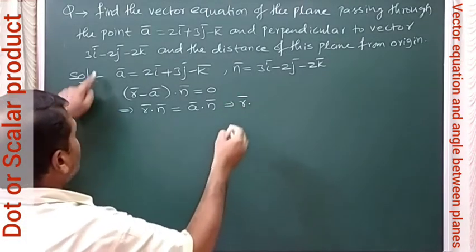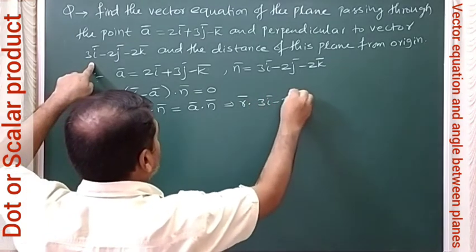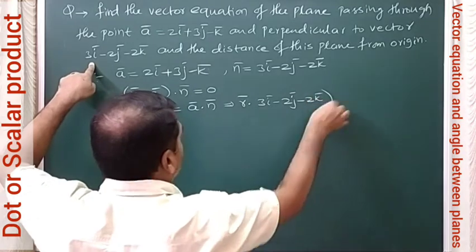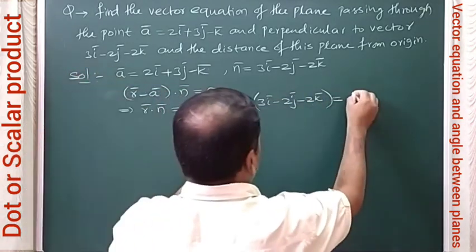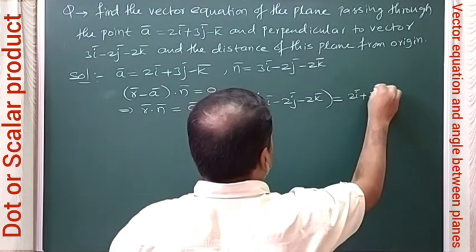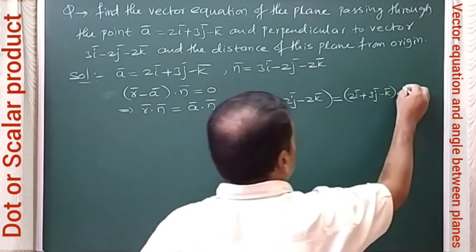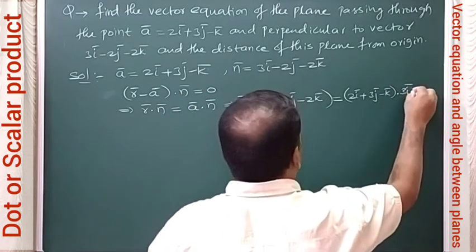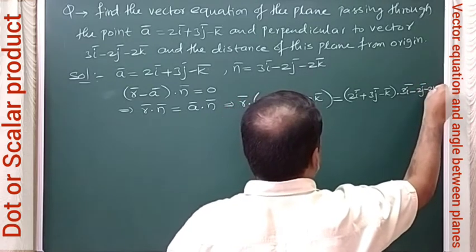r bar dot n bar, that means 3i bar minus 2j bar minus 2k bar. r bar dot n bar is equal to a bar dot n bar, so 2i bar plus 3j bar minus k bar dot 3i bar minus 2j bar minus 2k bar.